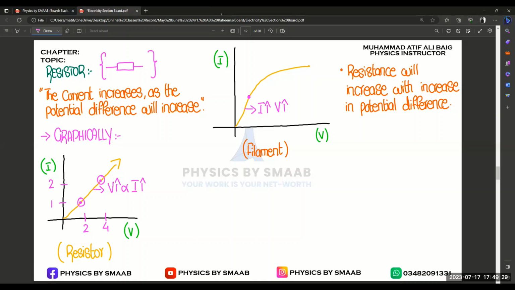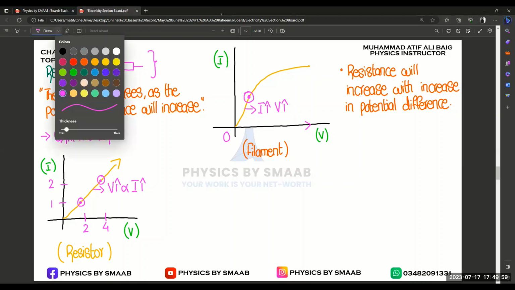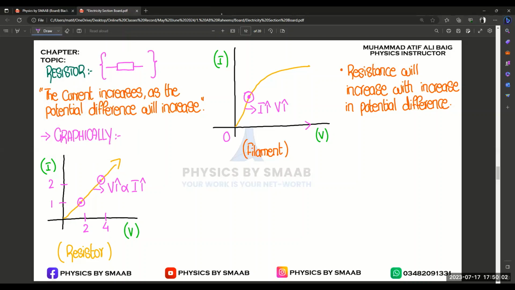But what is the problem in the graph of the filament? Voltage increases at a greater rate. So our graph eventually shifts towards the right-hand side, because voltage is on the x-axis, and moving right increases the value of voltage. Initially, at this point, we observe that voltage and current are almost equally increasing at the same rate. I will write it over here so that it will be easy for you to understand.